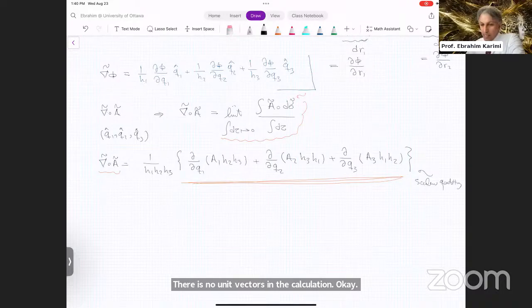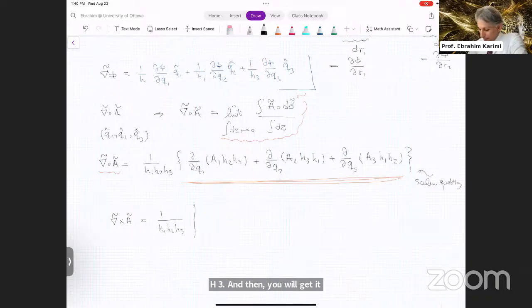Okay, lovely. In a similar way to what we did previously, you can also calculate the curl from the integral formalism. And the curl will be given by 1 divided by H1, H2, H3, and then you will get it from Q1, Q2, and Q3 with the proper scaling.